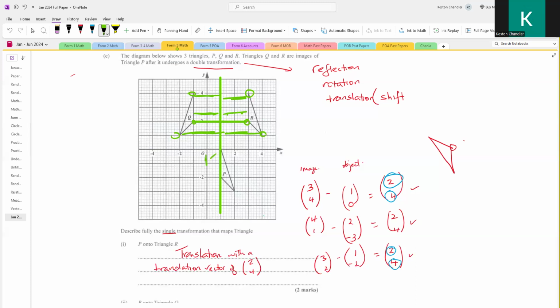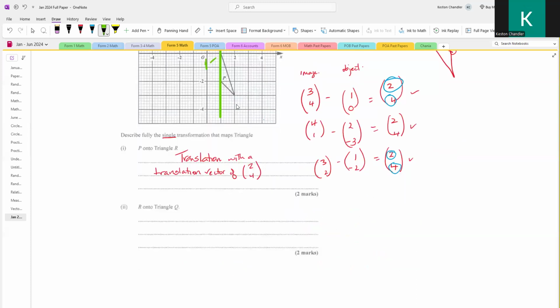So R is being reflected in the line x is equal to 1. x is equal to 1 is that vertical line that's passing through the point 1.